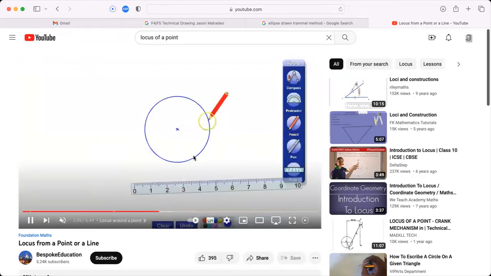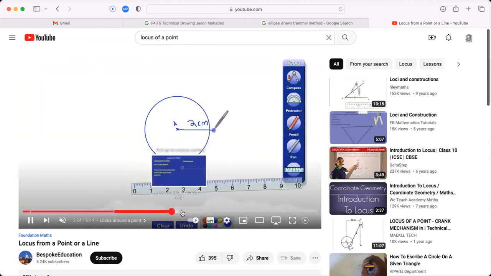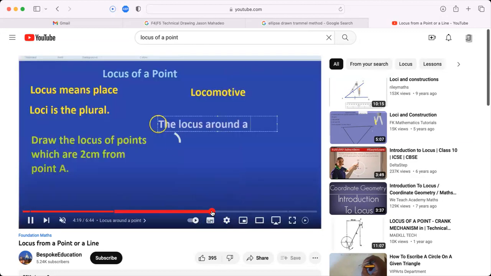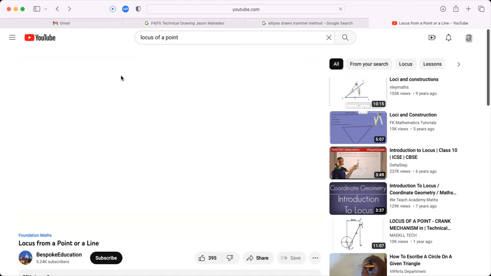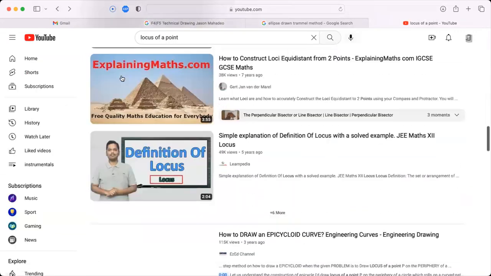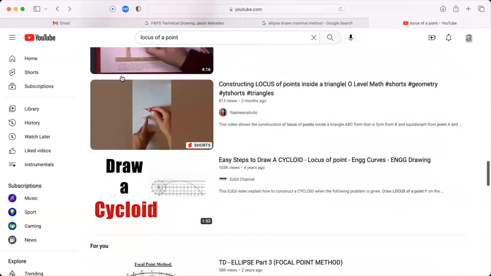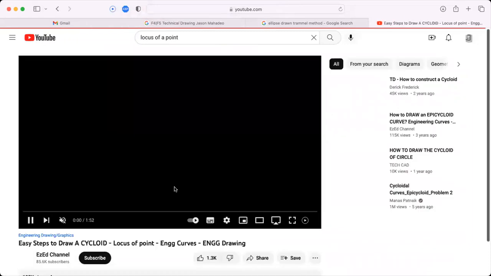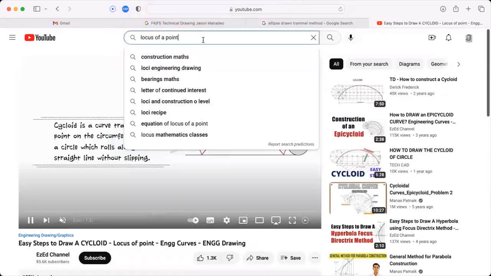That point just traces the path. Anyway, it's just a point that traces a path. So for instance, I want a cycloid. Let me show you one.